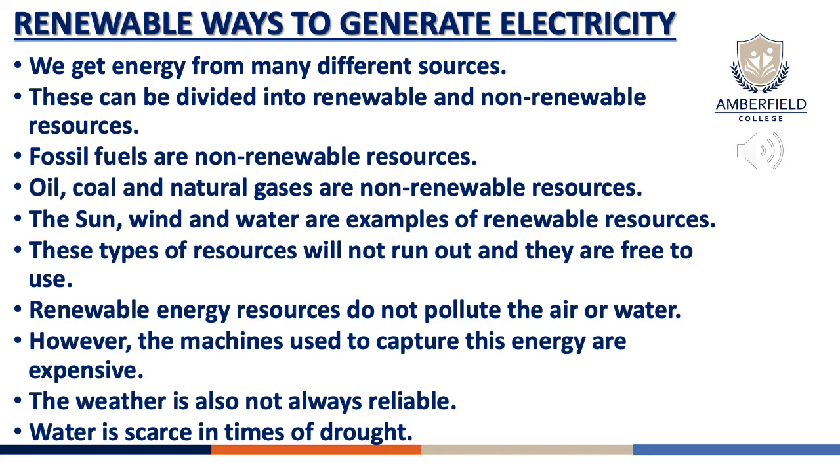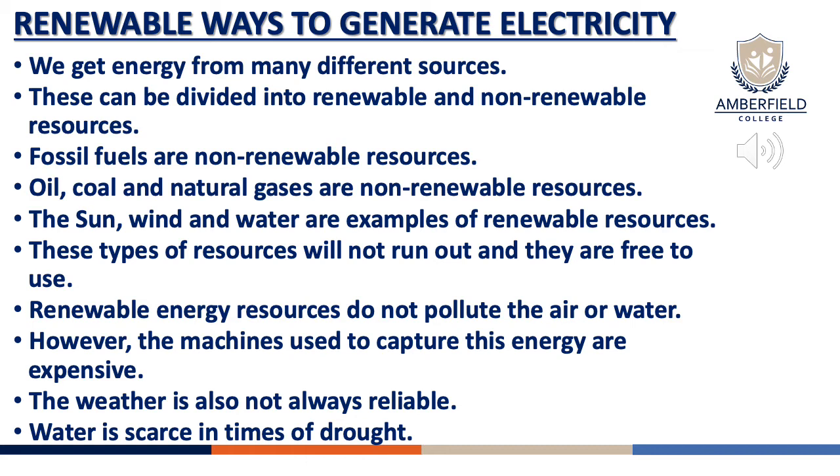Now, we need to look at things from the natural environment like the sun, the wind, and water, and how they can generate electricity. Renewable energy sources do not pollute the air or water. However, the machines used to capture this energy are expensive, and you need people who have the intelligence to use this machinery.